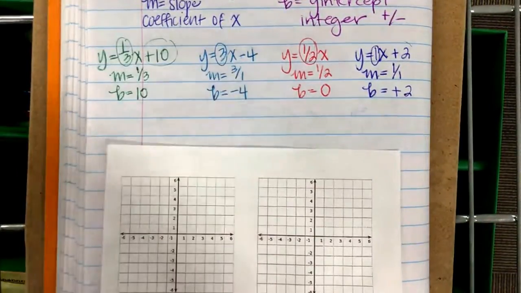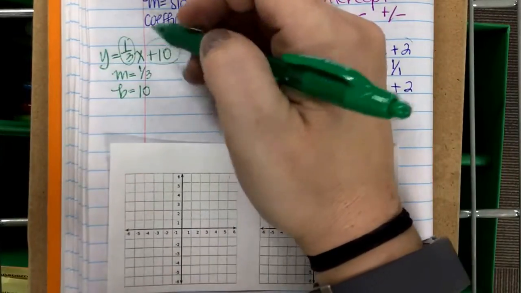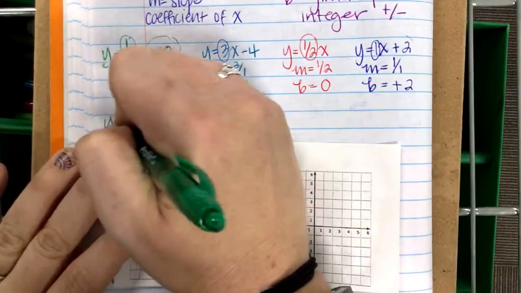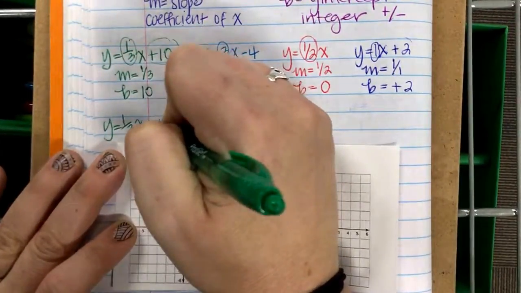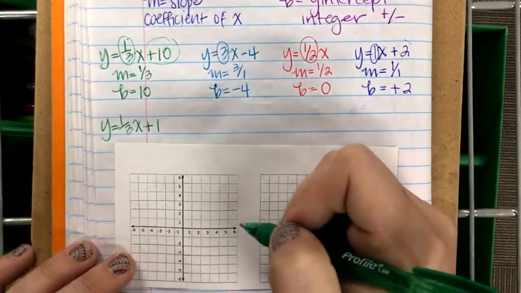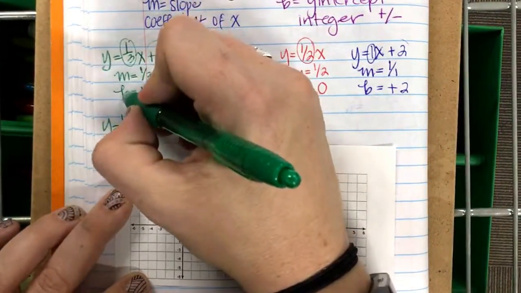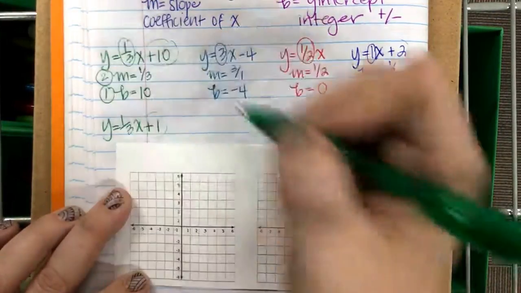So this green one right here, y equals 1/3 x, that says plus 10. Let's change it just so that it's a little bit easier. Let's make it y equals 1/3 x plus 1. Okay? So where we start is our intercept. We're going to go in alphabetical order. So intercept is 1, slope is 2.